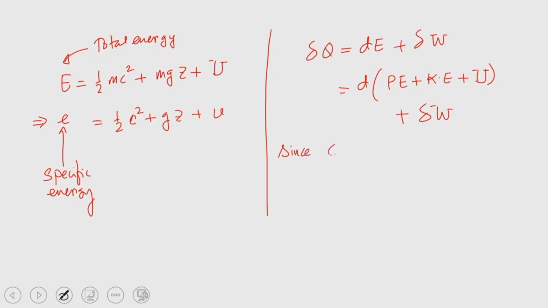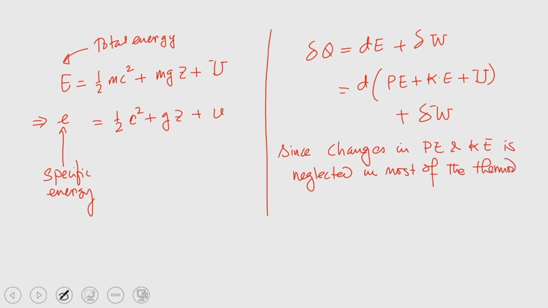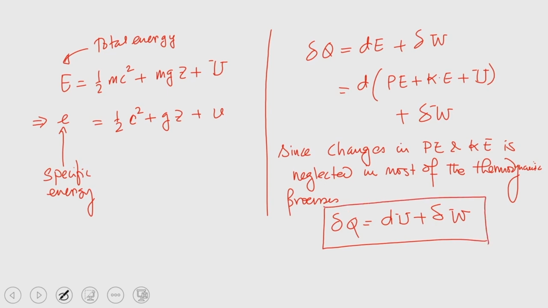So, basically since changes in P E and K E are neglected in most of the thermodynamic processes, we can write delta Q equal to dU plus delta W. So, this is the final form of the first law of thermodynamics for the control mass system undergoing any general process.